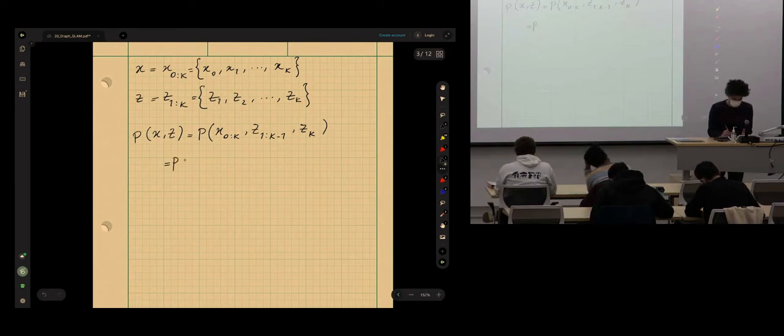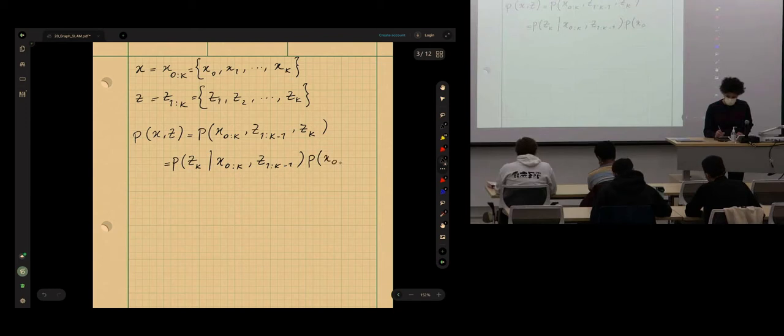So if we do that, we can factorize this probability by writing P of zk given x0 to k and z1 to k minus 1. And then the other part will be the joint probability of x0 to k, comma z1 to k minus 1. From the Markov assumption, we know that the first part will be P of zk given xk.